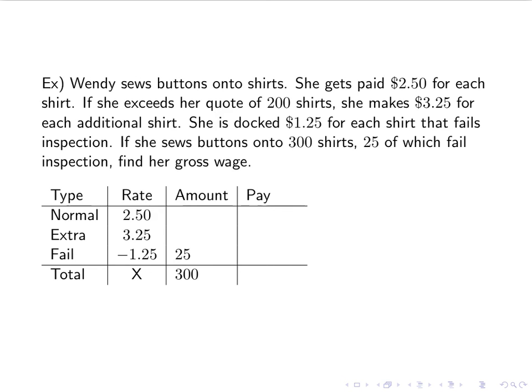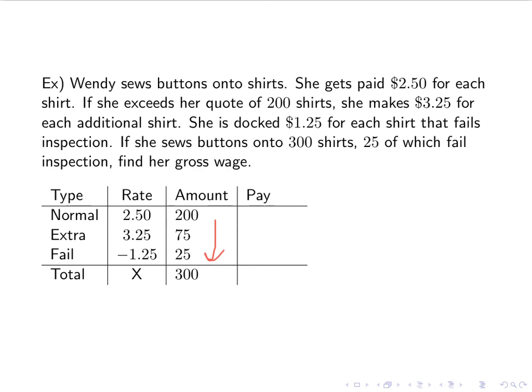And then I know that she has a quota of 200 shirts. That's the amount she's going to get the normal rate for. Anything that's left over is going to be in the extra. So 200 plus something plus 25 equals 300. That something must be 75. Okay, so again, make sure that they add up to 300.